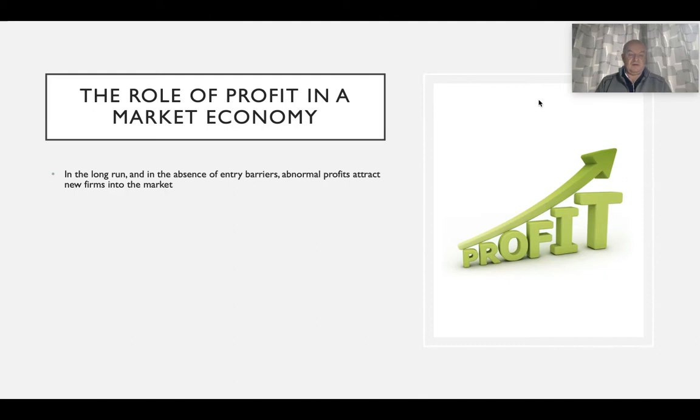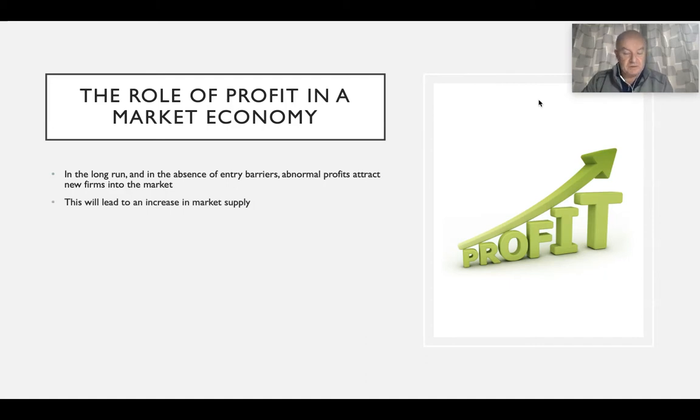Provided it's not very expensive to set up a production line, like in the car industry, as an example, if you've got a relatively straightforward process to enter a market, and it's not massively expensive, then abnormal profits in a particular market will attract new firms into a business. It will act as an incentive. If people can see they might be able to make a profit, then they're going to steam in and try and do exactly that.